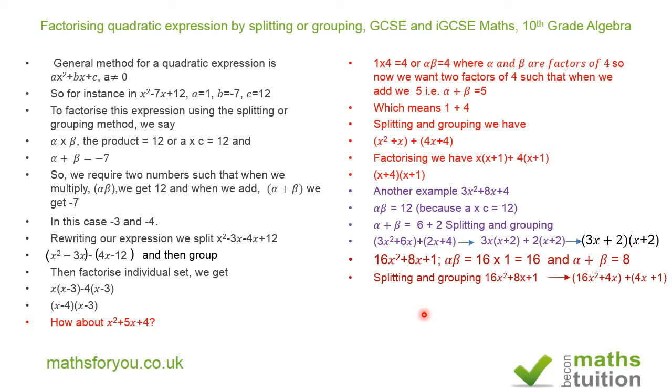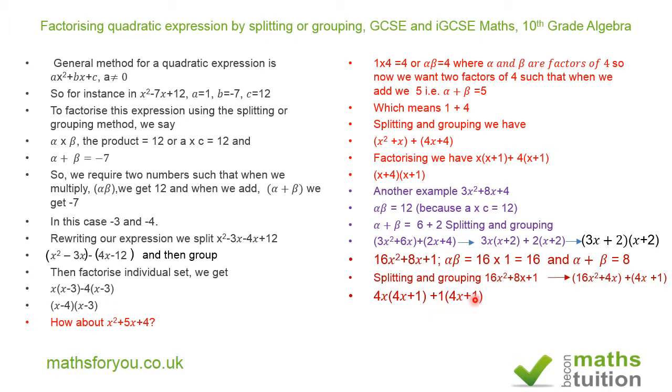So I've now got two groups. One group of 16x squared plus 4x, and the next group of 4x plus 1. For the first group, the common factor is 4x. Now when I factorize, I get 4x into 4x plus 1 plus 1 into 4x plus 1.